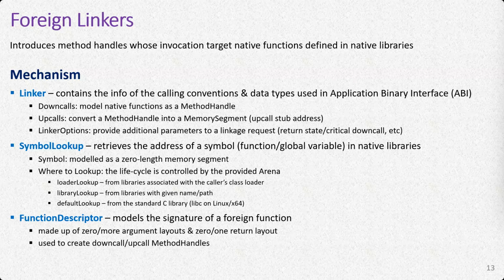So it converts the method handle for the upcall method to a memory segment, which is literally a native address to be invoked in the JVM. The linker options actually are extra parameters for the downcall and upcall to add some restrictions to the native invocation. Things like the return code you'd like to know, or short-lived critical downcalls in the application. These sorts of things.